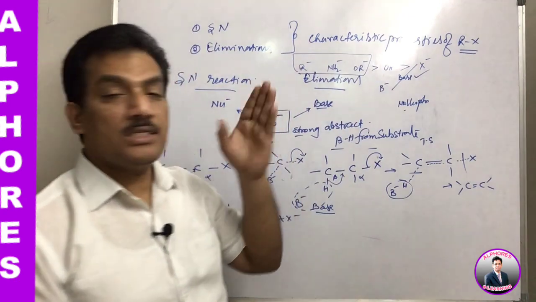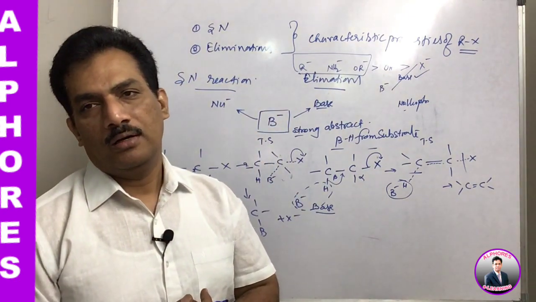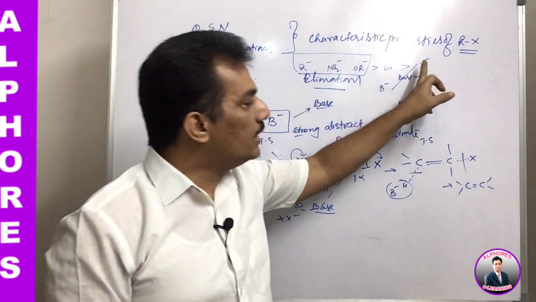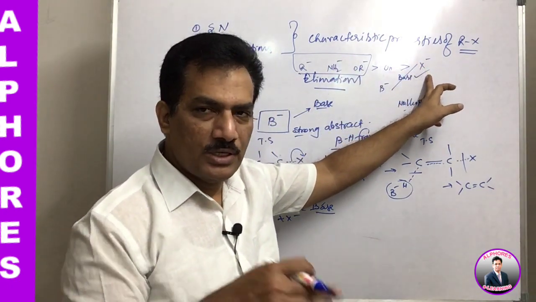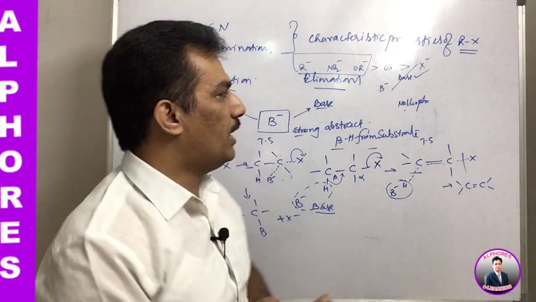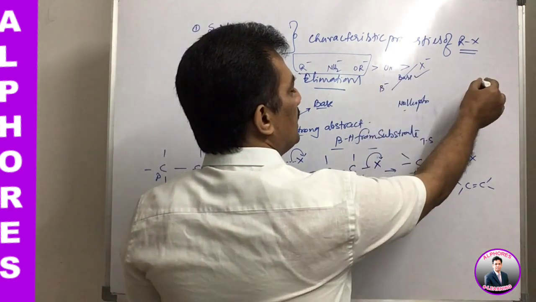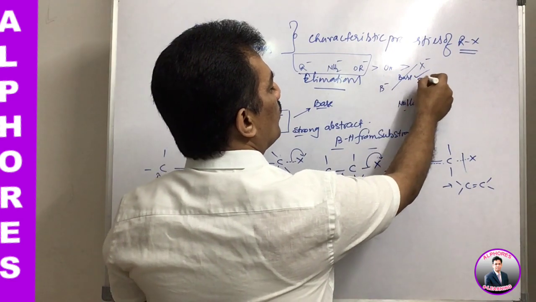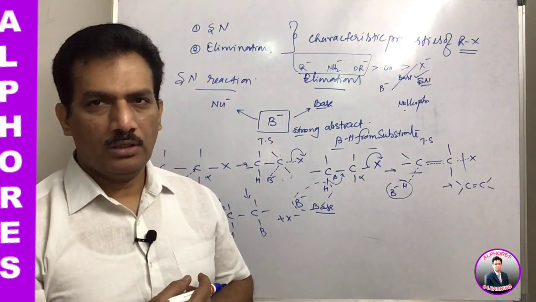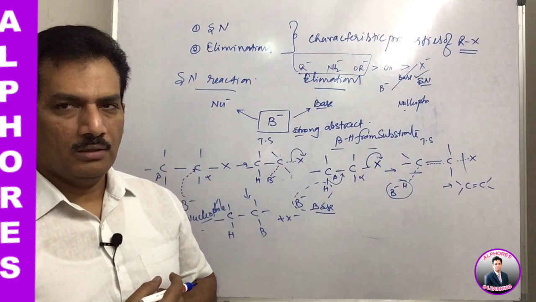So OH minus itself fails to behave as a base. So automatically any base which is less basic than OH minus also fails to behave like a base, and thereby they are unable to create any elimination. Instead of that, they go for SN, nucleophilic substitution. I think now you are getting the clarity. Clear?